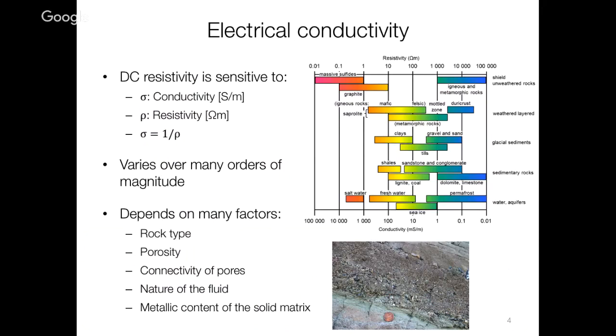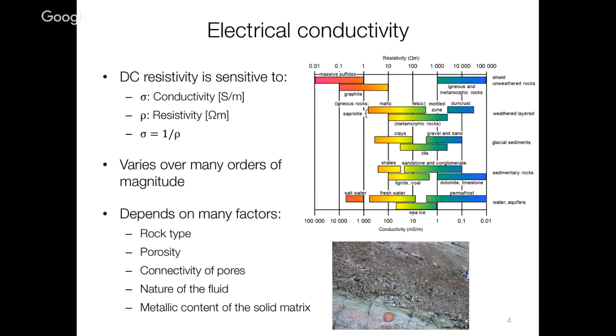If you look at this particular sample, just 10 centimeters on each side, there's a lot of things going on. There's a textural difference between what's happening here and here and here. There are three different types of rocks, different in each of these.